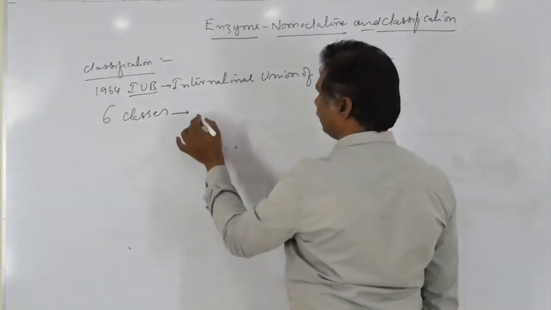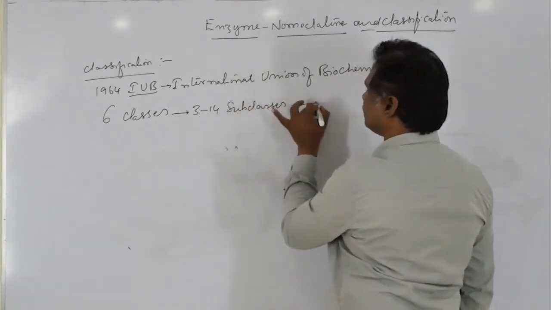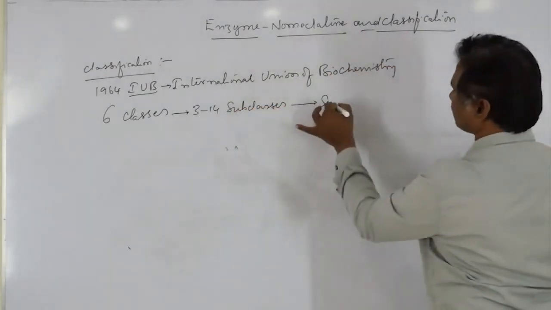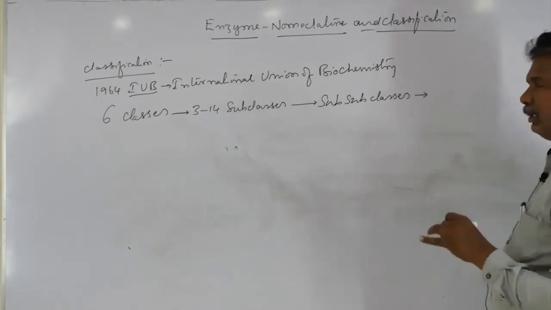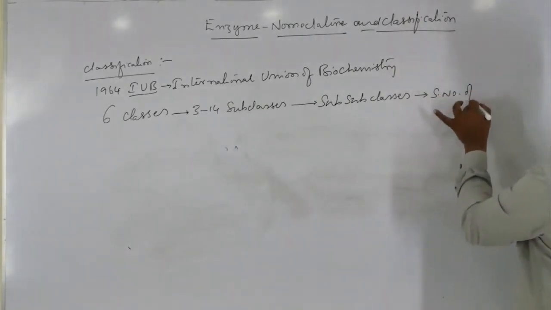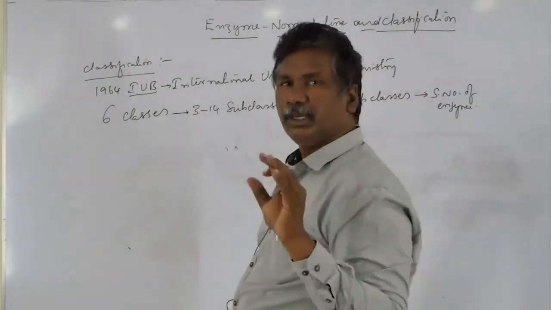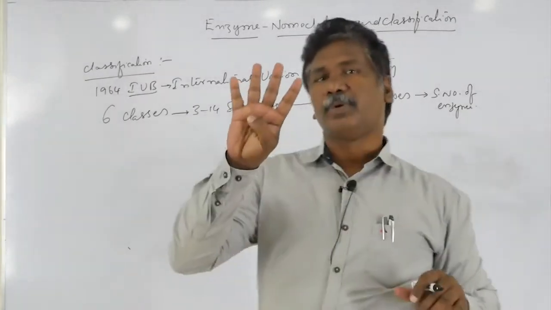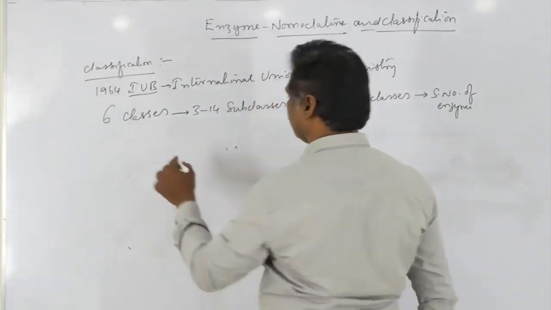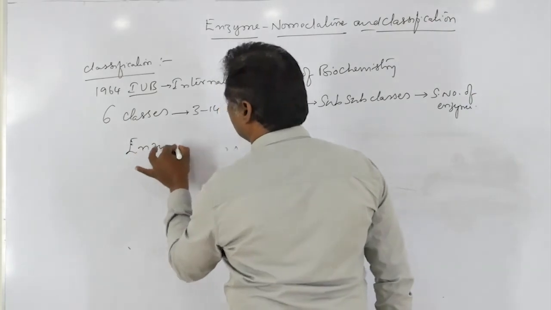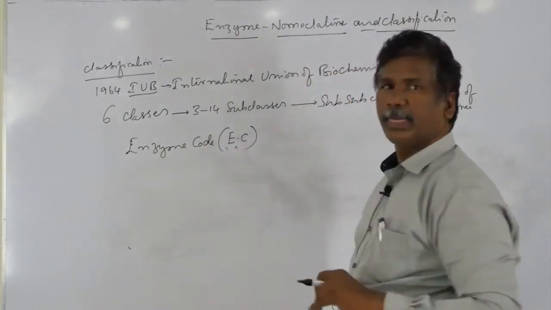Those 6 classes are divided into 3 to 14 subclasses. Finally, they give a serial number to the enzyme in that subclass. Based on this, each enzyme has a special code containing 4 digits. That code is called the enzyme code, simply EC.